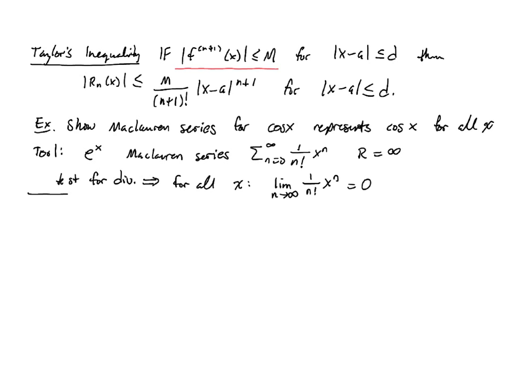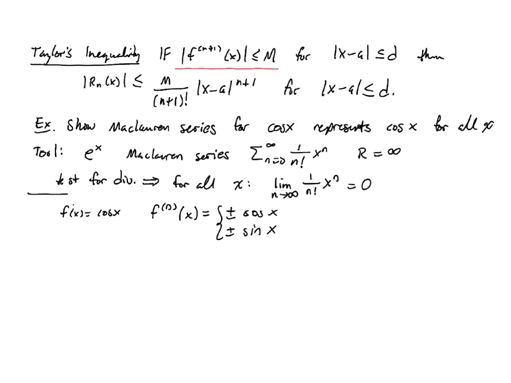And this is going to work really nicely for cosine because the nth derivative of cosine is either plus or minus cosine or plus or minus sine, depending on what n is, right?